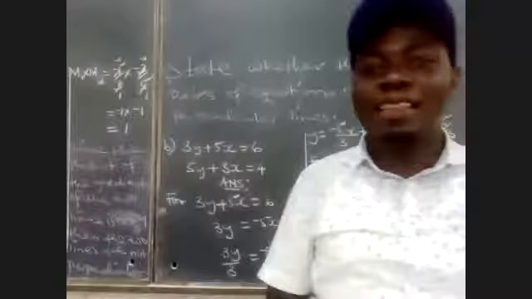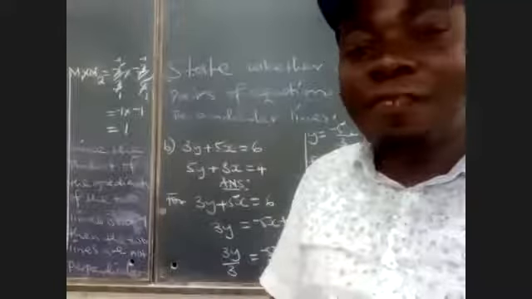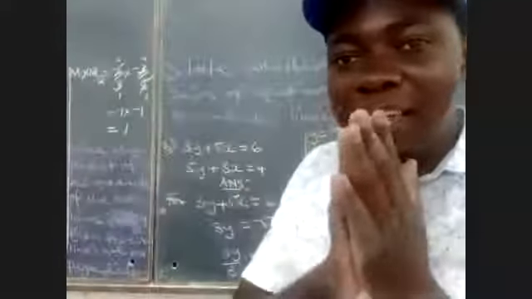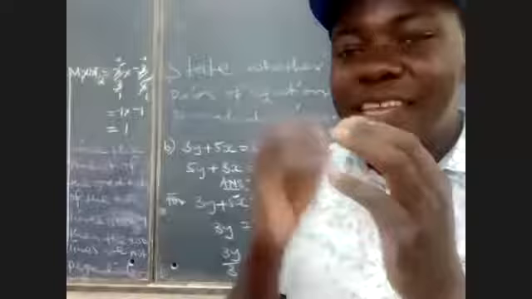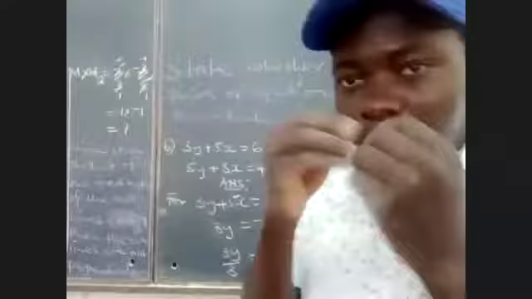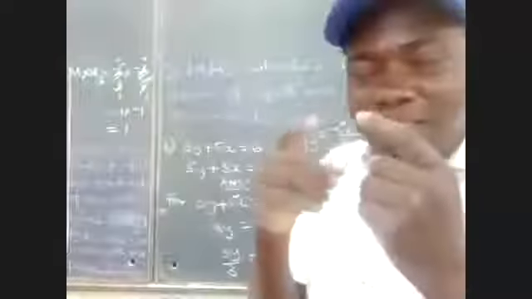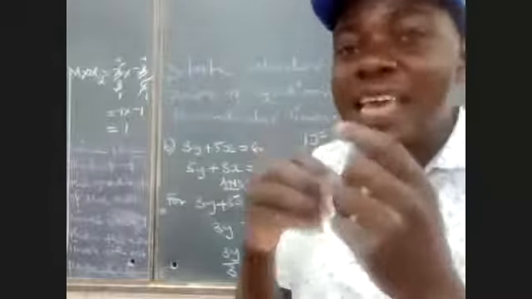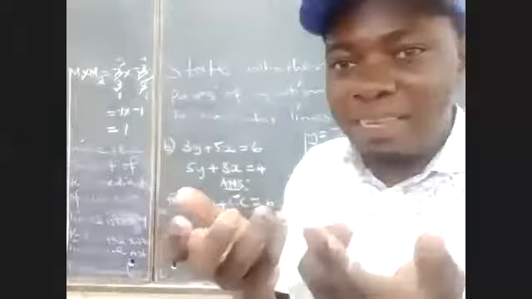The next part would be, given the equation of one line, to get the equation of the second line that is passing through a given point and perpendicular to this first one. That is supposed to be the next part that we are supposed to look at.